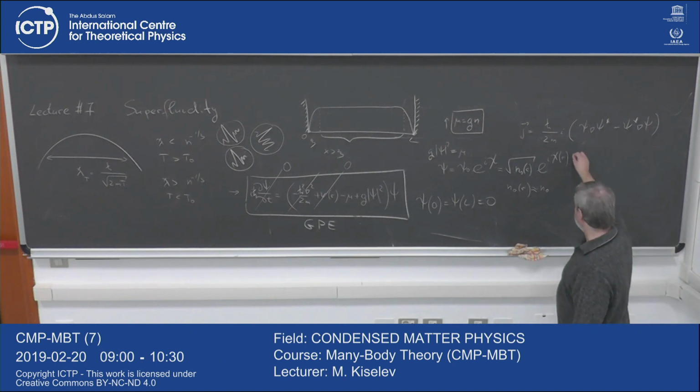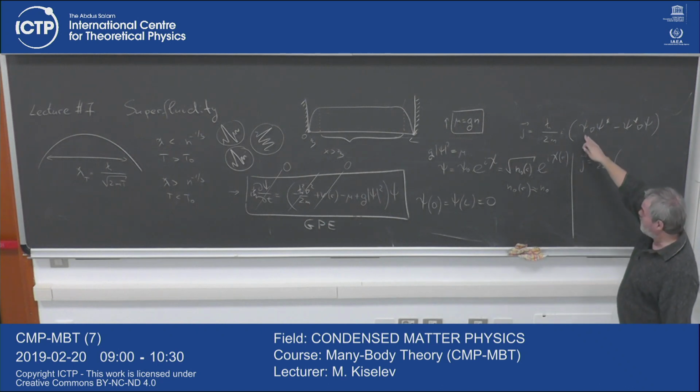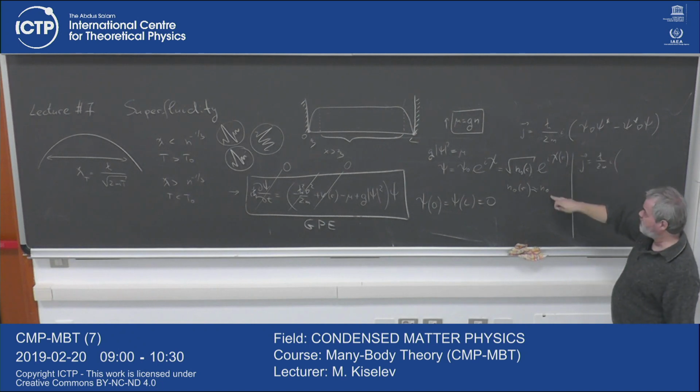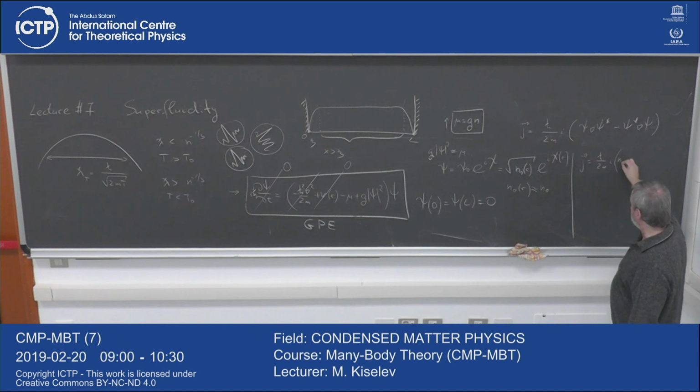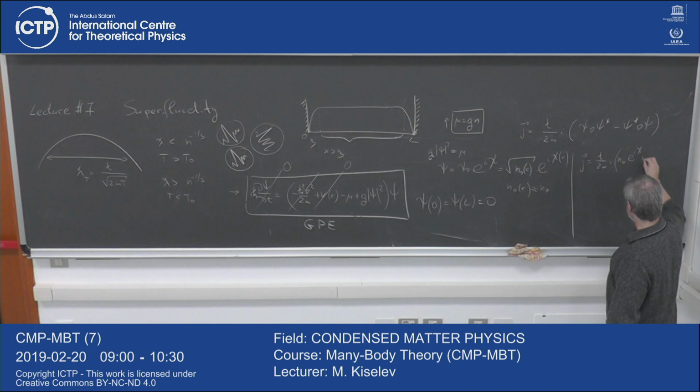So if we do that, then J is equal to h bar over 2m i. I plug in this wave function here. I don't differentiate the prefactor of the exponent, so I will write n node here, and I have e to the i chi gradient of e to the minus i chi minus e to the minus i chi gradient of e to the i chi.